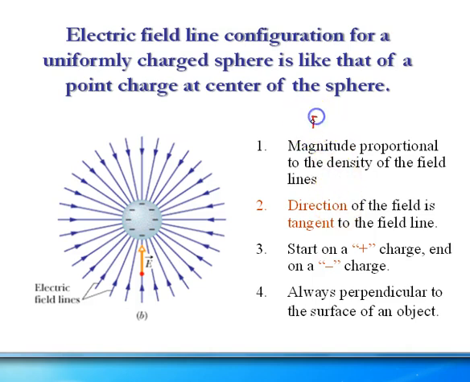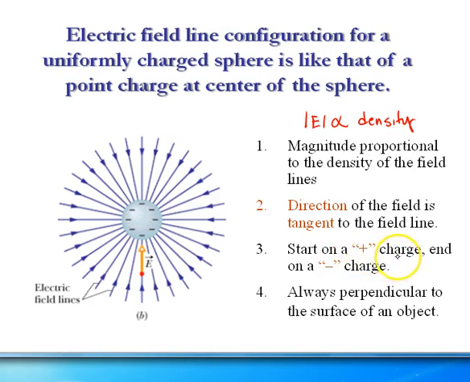The direction of the electric field is tangent to the field line. So here it shows our electric field at this point. It's tangent, since these lines are straight, along the field line. That won't always be the case.